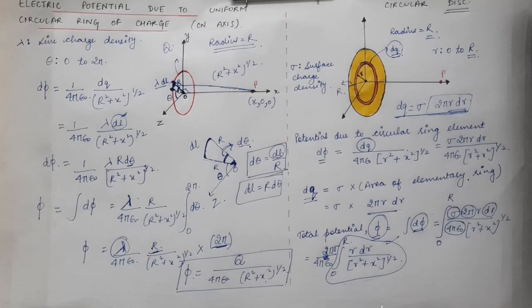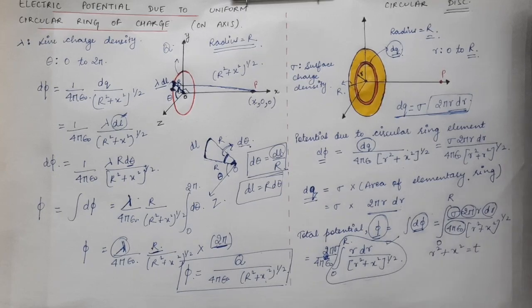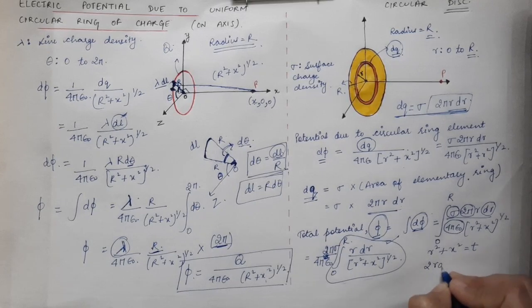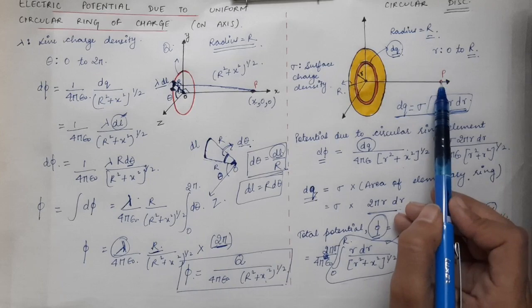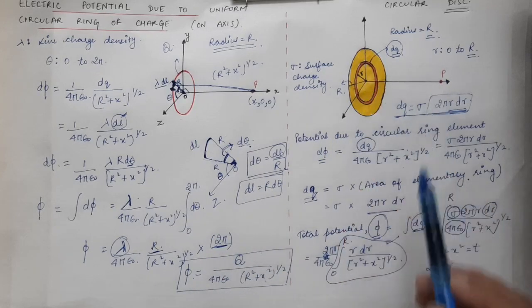To evaluate this integral, in the numerator you have r, and in the denominator you have r square plus x square. First of all you will substitute r square plus x square equal to t, and then do its differentiation. Keep in mind x is a constant, because it is the distance of this observation point from the center of the circular disc, which will be constant throughout the derivation.